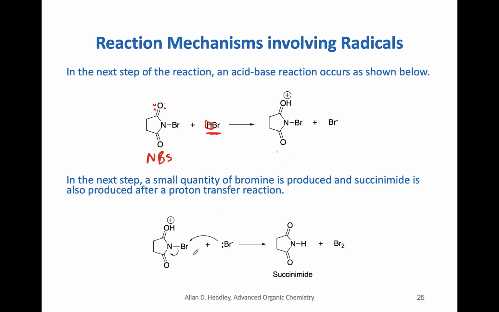The bromide reacts with this here until we get succinimide and bromine. Notice we do get some bromine here, but it's in very low concentration because it depends on the initial concentration of NBS. So we do not have enough here to react with the carbon-carbon double bond.